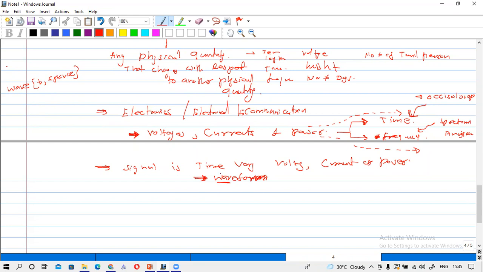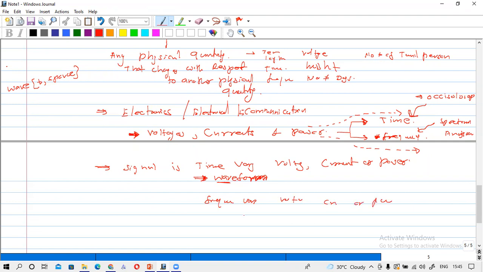But a signal, the time varying voltage, current, or power, we call a waveform. And frequency varying voltage, current, or power, we call a spectrum.